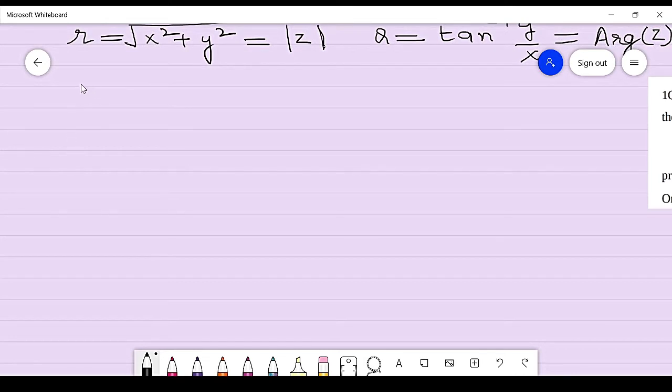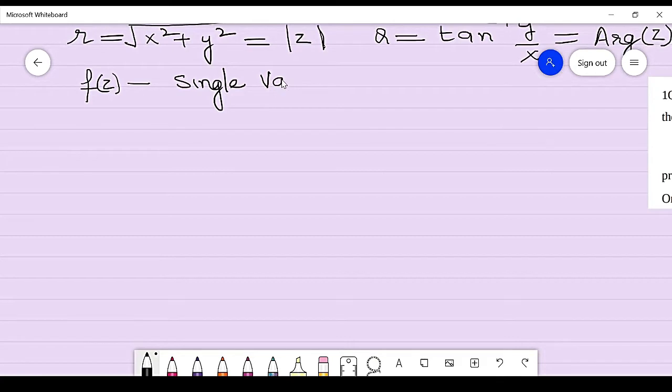Now, function. If we take f of z, it is some function on a complex domain, on complex numbers. First of all, remember this function should be a single valued function. Single valued means it has a unique value, it has one value.